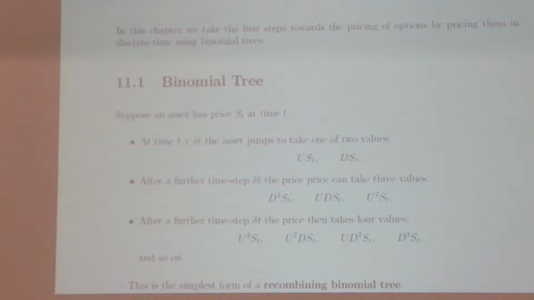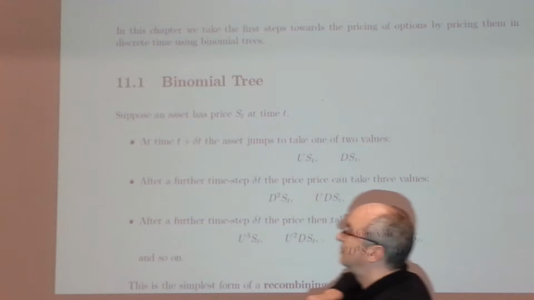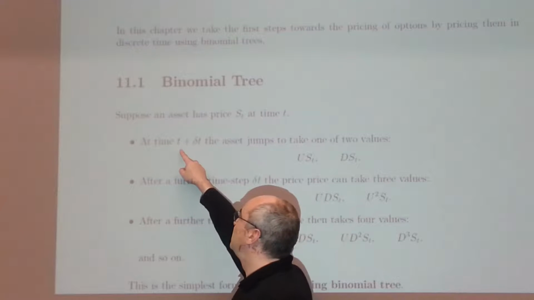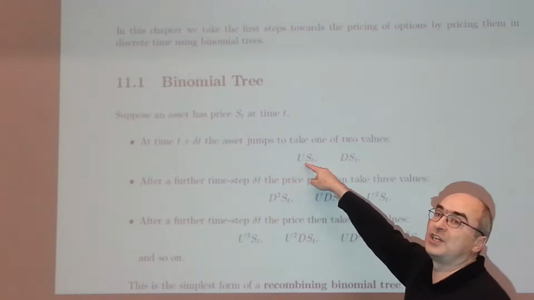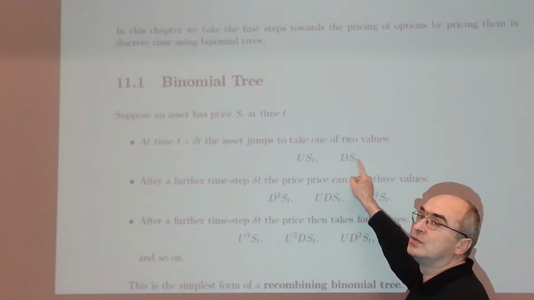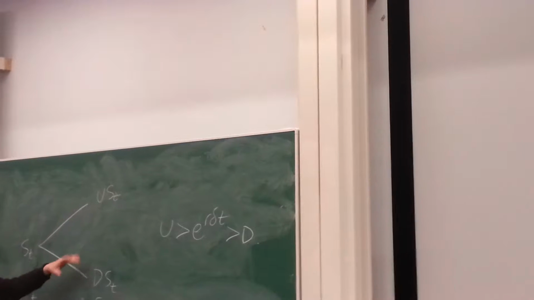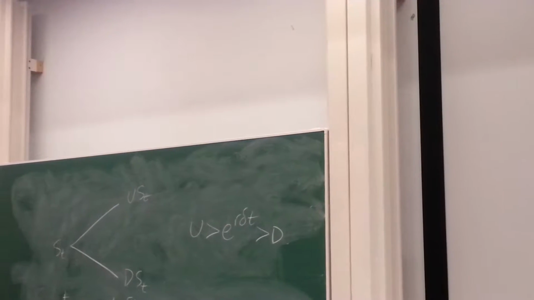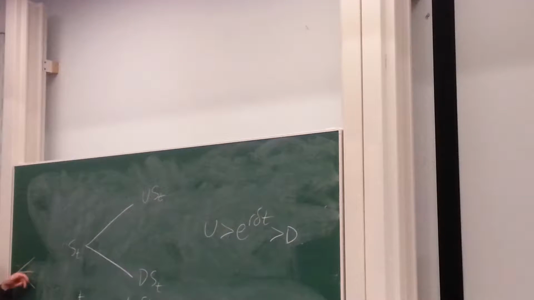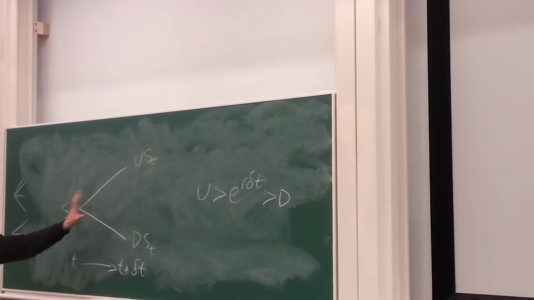As you go from time t to t plus delta t, it will jump up to either uS_t or dS_t, where u and d are numbers that you multiply the original S_t value at time t by, to give you the up or the down. So this is a binomial tree. I could have a trinomial tree, with three possible outcomes, or I could, if you like, have a quadrinomial tree, but the simplest case is a binomial tree.